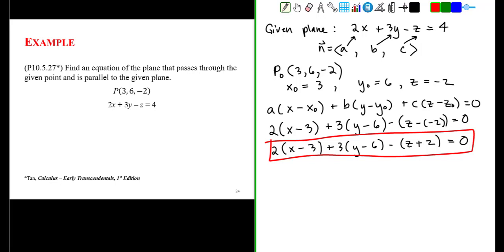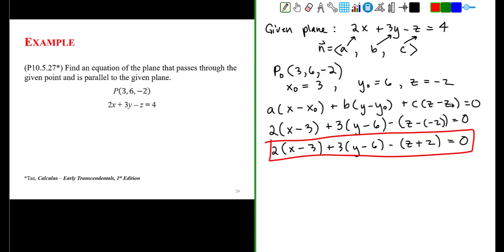There's an infinite number of equations that describe this very same plane. For example, what if our normal vector had components 1, 3 halves, minus 1 half? That would also describe the same plane, because this would just have a normal vector that is scaled by 1/2 relative to the normal vector of the given plane.